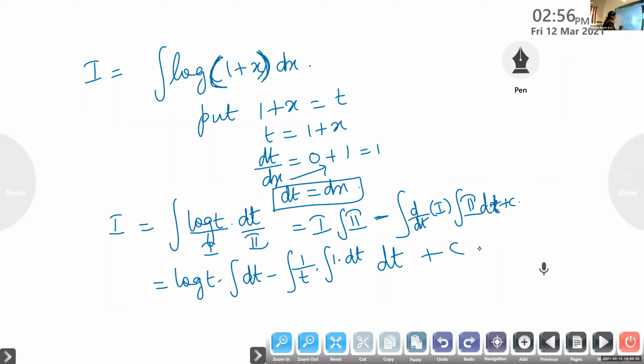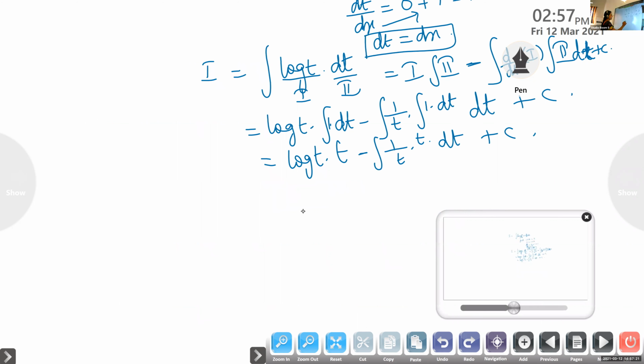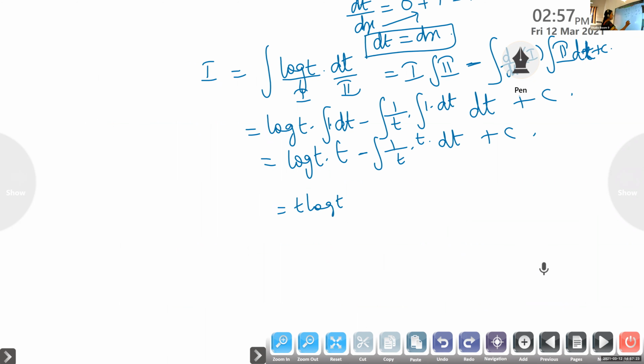Here if it is x, we'll be writing everything as x. Here it is a function in t. So wherever you get x, there you have to replace with t. So this is log t. Integral of 1 is t, minus integral of 1 by t into t into dt, plus c. So that is t log t minus, t will get cancelled, integral of dt, plus c.